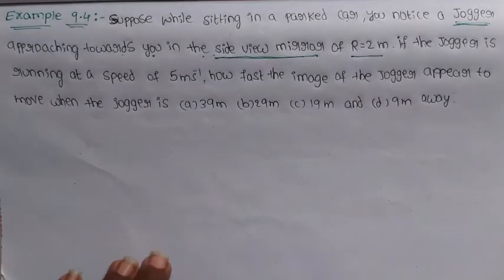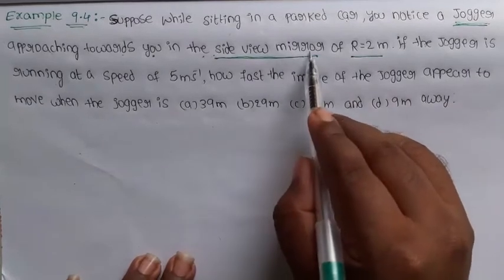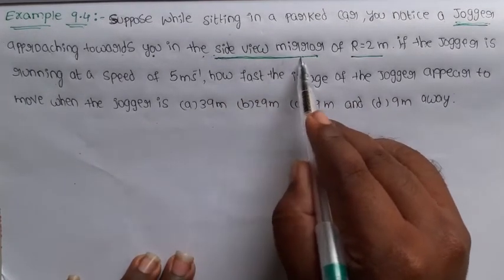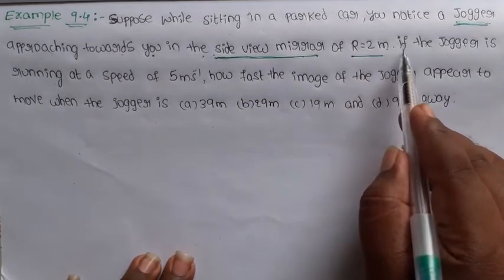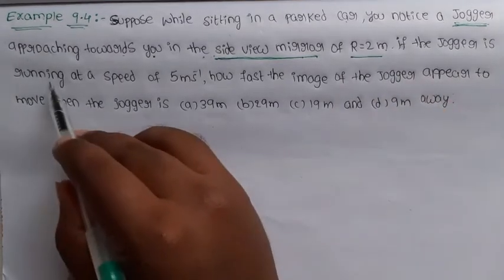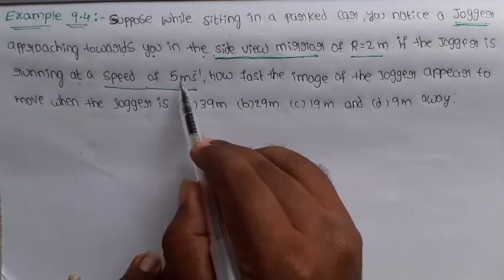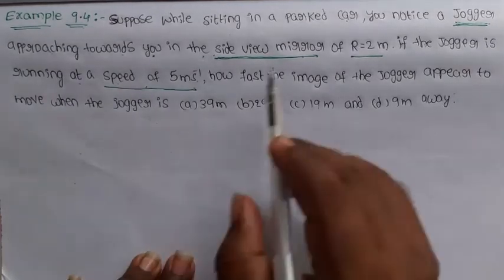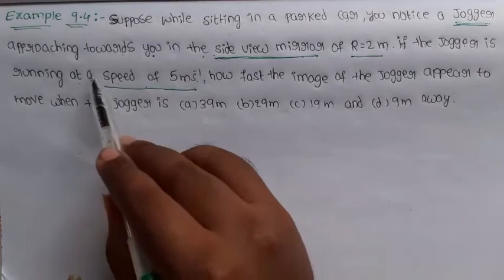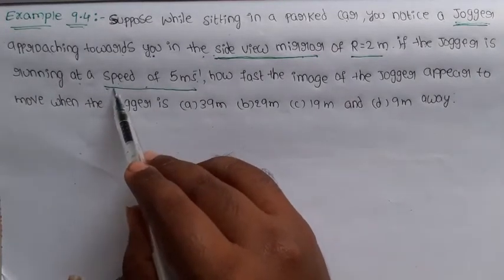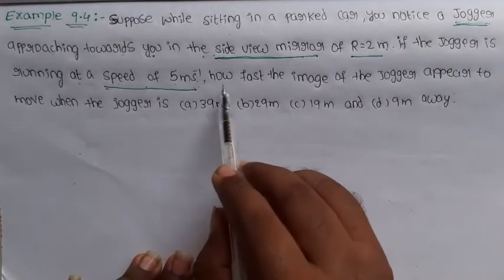R means radius of curvature. So the radius of the side view mirror R equal to 2 meter. If the jogger is running at a speed of 5 meter per second, so here the jogger is approaching towards you with speed 5 meter per second.